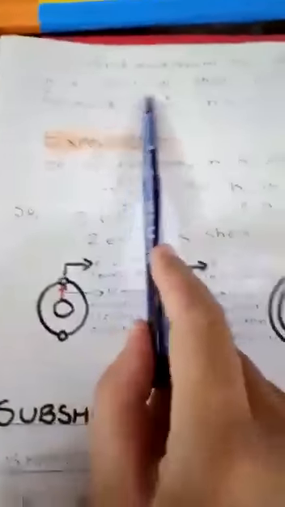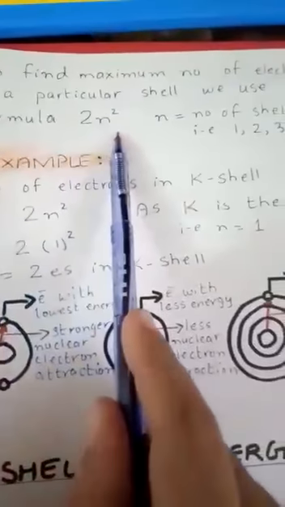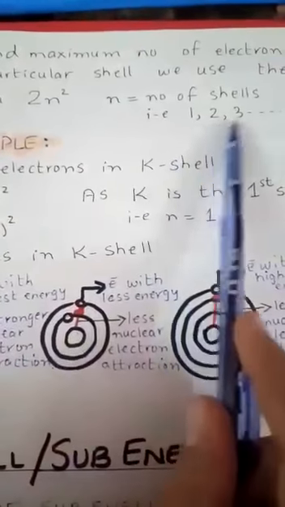Now, to find the maximum number of electrons in a particular shell, we use the formula 2n square, where n equals the number of the shell, that is 1, 2, 3 and so on.